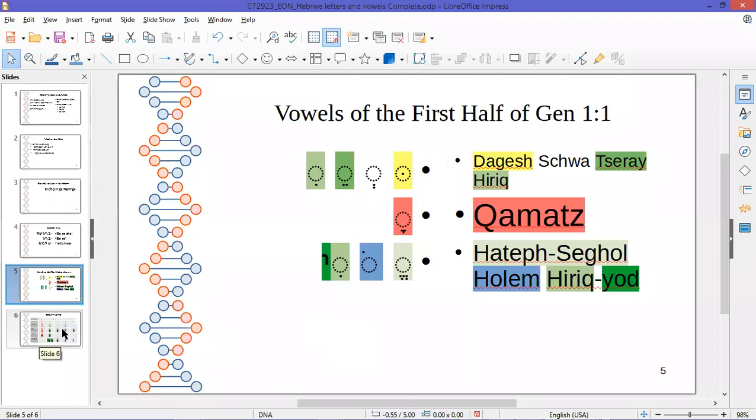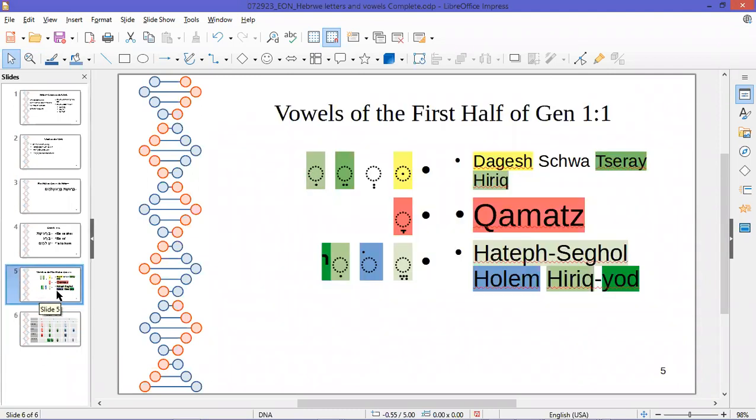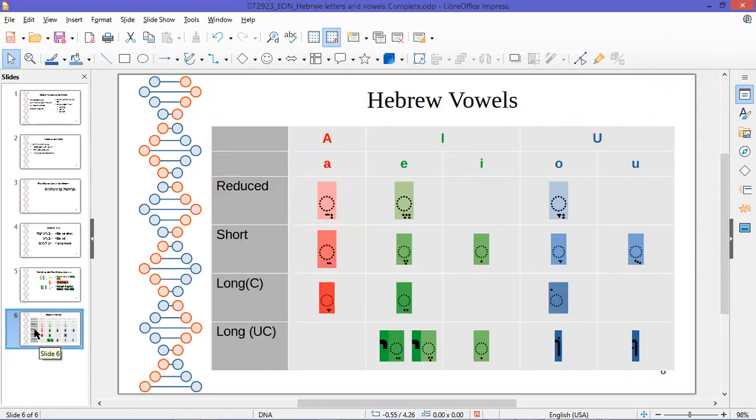Some stuff is missing, like this dagesh right here in the yellow, and this schwa is not on this chart. Again, I can't hit you with everything at once.